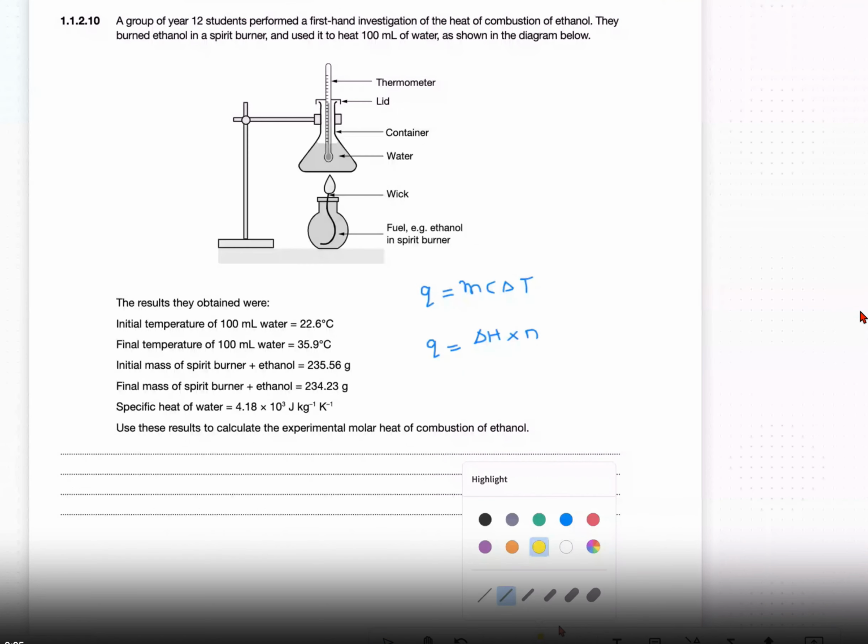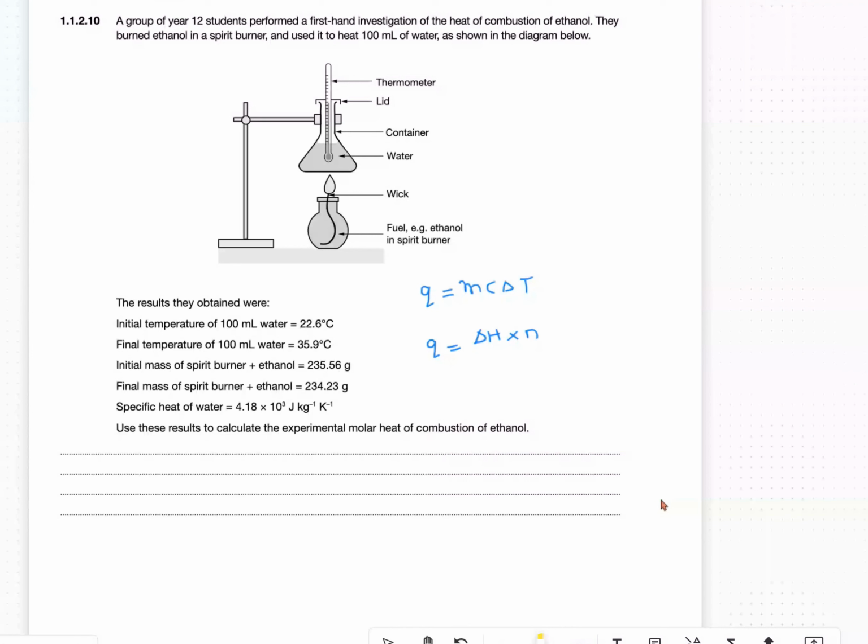In these types of questions, the first thing that you should look at is what you are calculating. You are calculating the molar heat of combustion of ethanol. The unit of molar heat of combustion is kilojoules per mole.